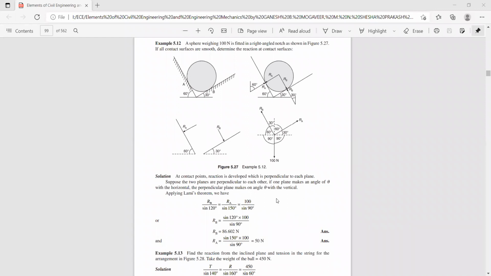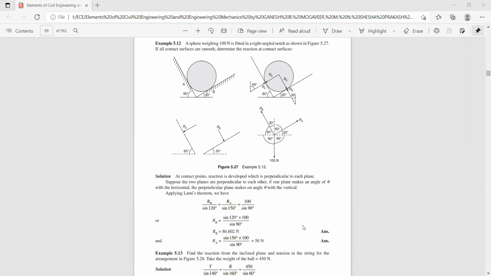You can cross-check the answers by the equilibrium method by putting the condition sigma Fx is 0, that is RA cos 30 minus RB cos 60 equal to 0, and sigma Fy is 0: RA sin 30 plus RB sin 60 minus 100 is equal to 0. So these are the problems on sphere.